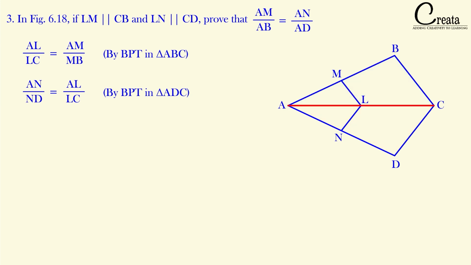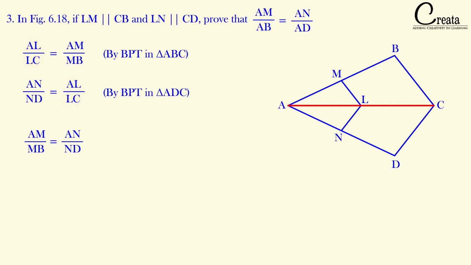So the ratio AL upon LC will be common in both the equations. So here this and this are common. So we can equate both the equations and we got AM upon MB is equal to AN upon ND. Got it? AL upon LC is common in both the equations, so we can equate the remaining two terms. So we got this equation.